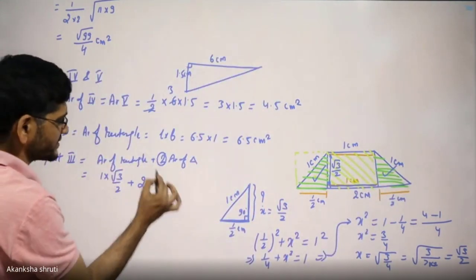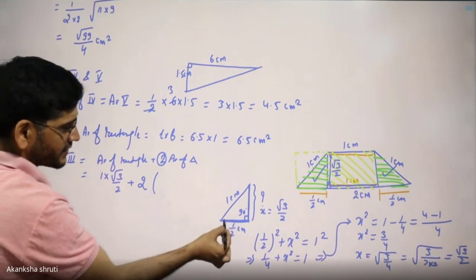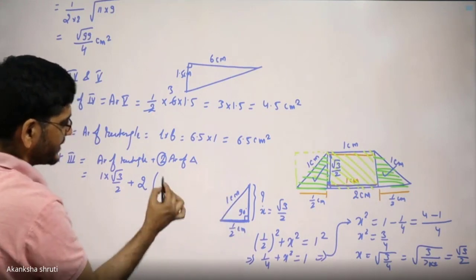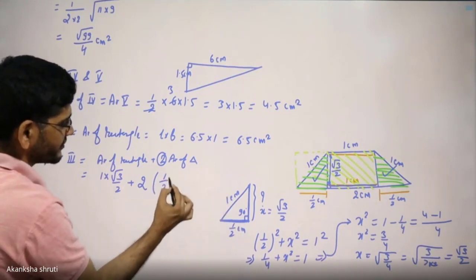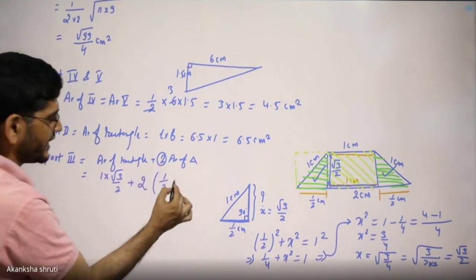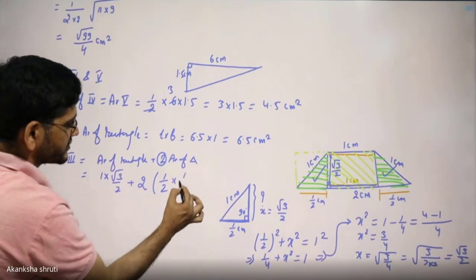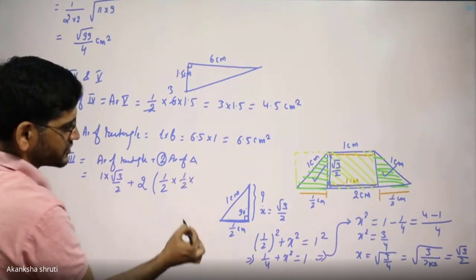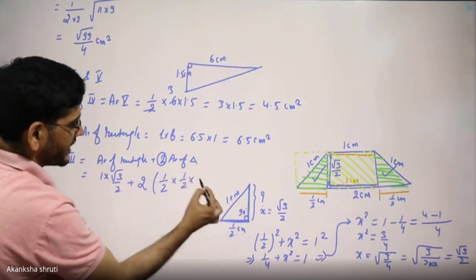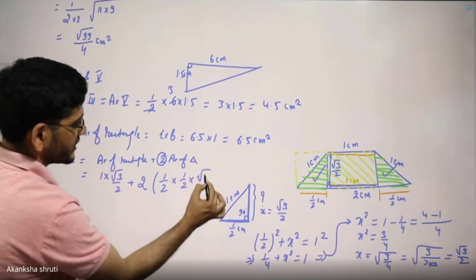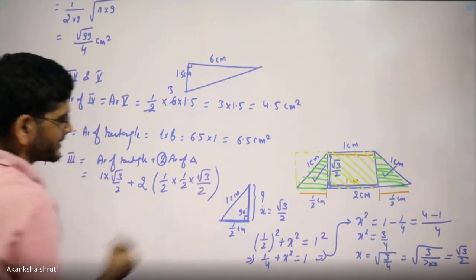So twice multiplied by, but the area of this triangle is half. Half is the formula half. Okay, into another is, this is the base, which is the another half, into the height is x, which is root 3/2. ये बातें बच्चों को समझ में आए.